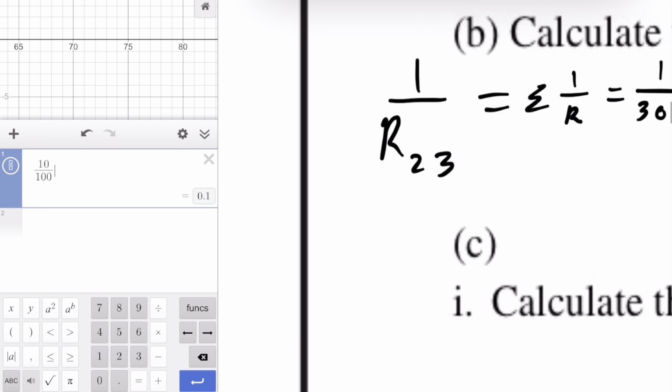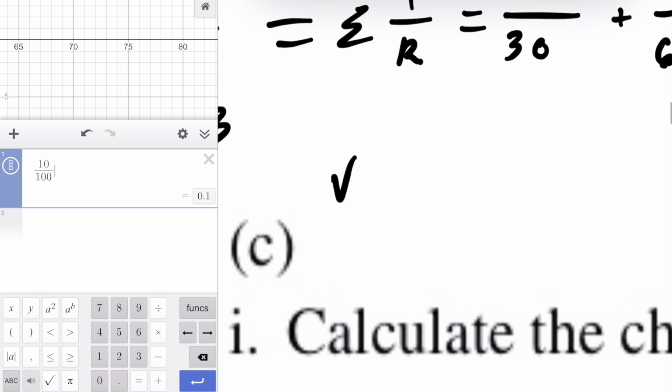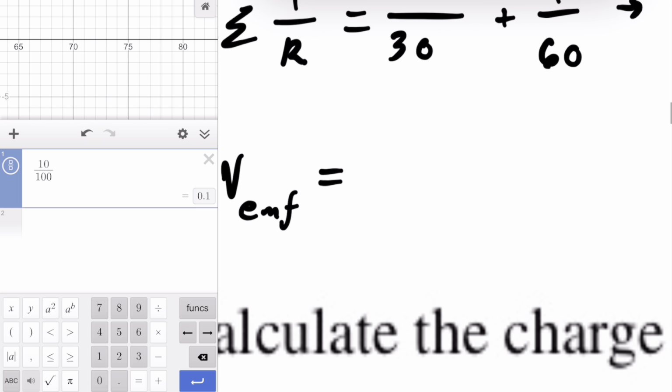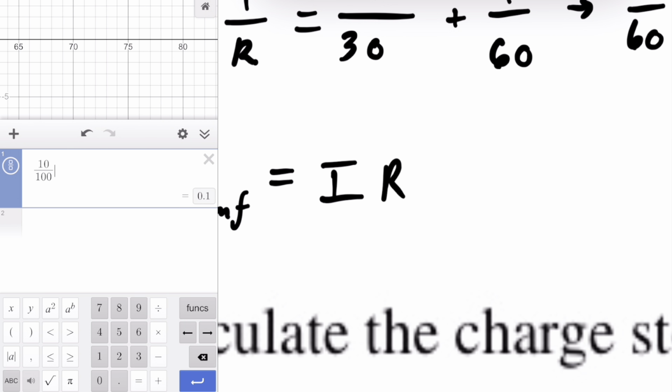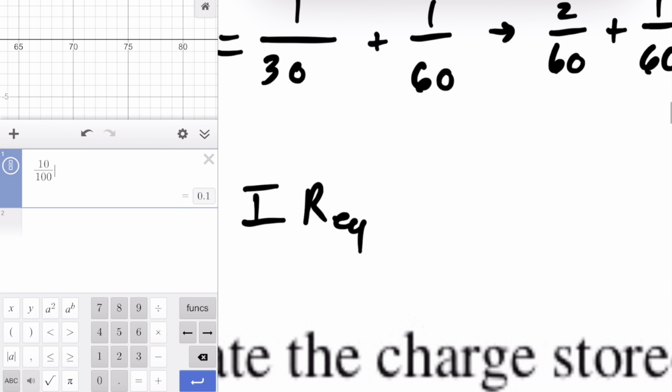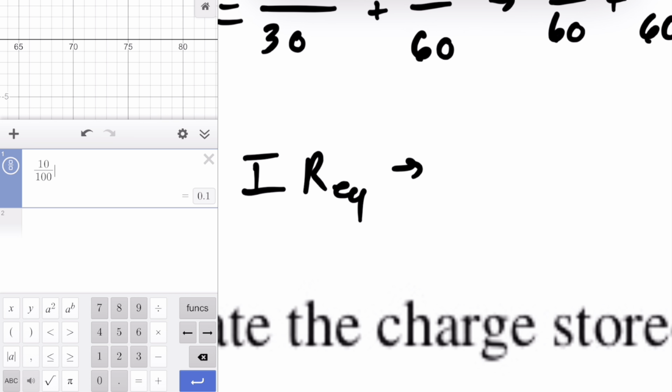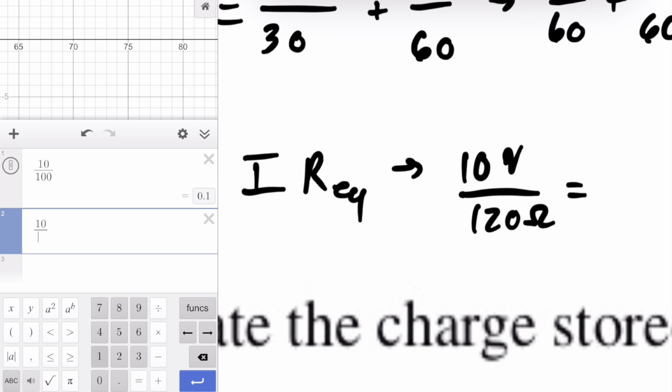So now I can use Ohm's law once. The voltage of the entire circuit, I'll call that voltage total, or VEMF, same thing, has to equal the current of the entire circuit times the resistance of the entire circuit, REQ. So I know the voltage of the battery was 10 volts divided by 120 ohms gives me how many amperes?